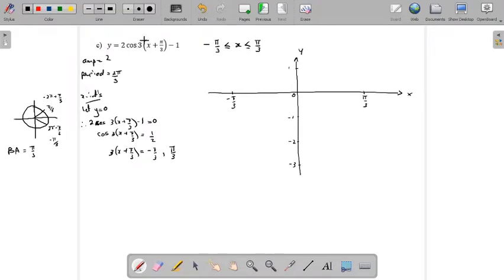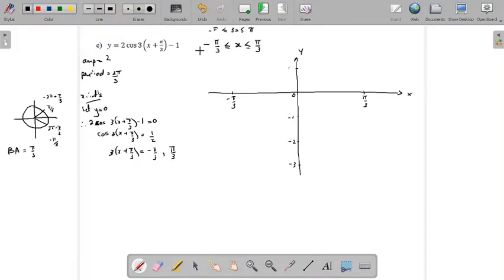Now in terms of solving here to find our x-intercepts, notice we've got 3 times here. Our n value is 3, so that means effectively what we need to do in terms of solving for our x-intercepts is to multiply our endpoints for our domain by 3. So that actually will be negative pi to pi. Just only for working out our x-intercepts.